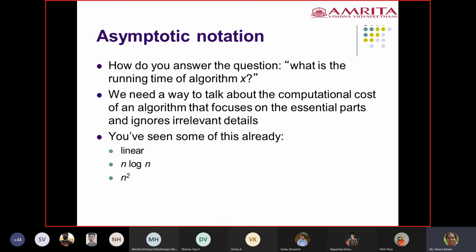If you had a compiler design course, you would have studied something like this. Or in courses where you talk about memory, there also you would have studied that there is an algorithm, there is a code associated with the algorithm.